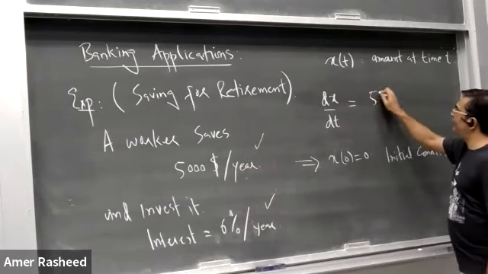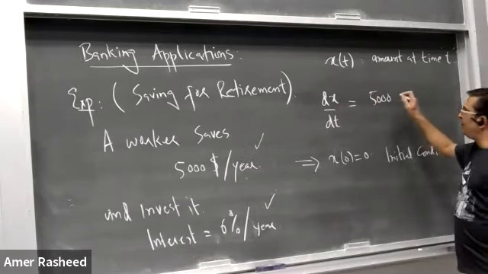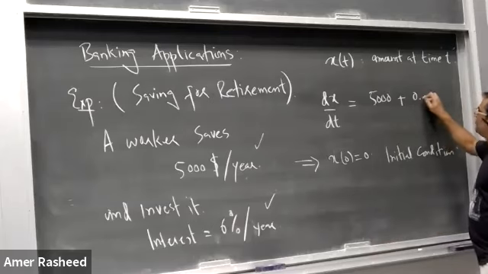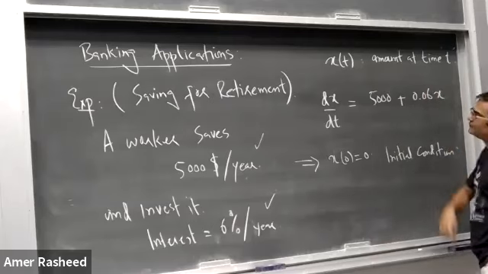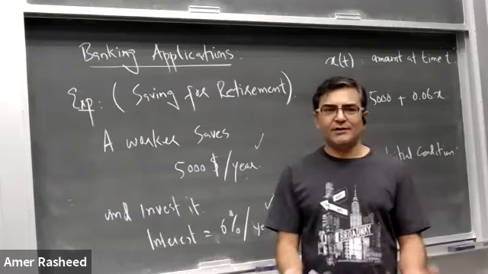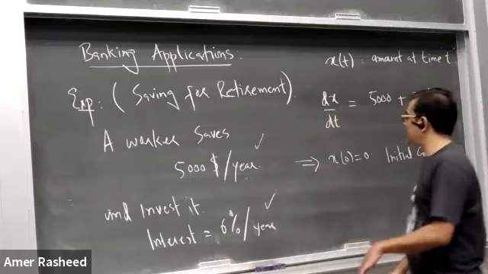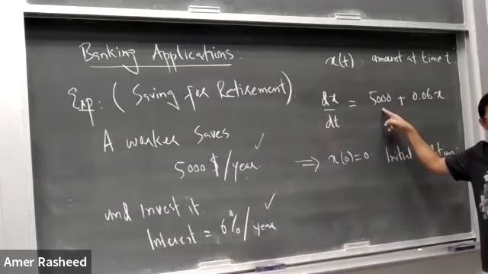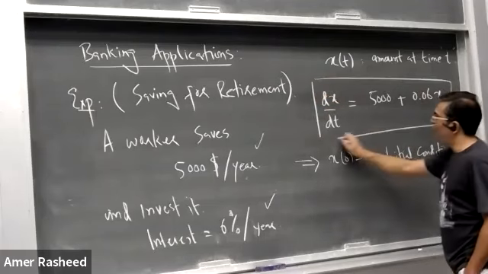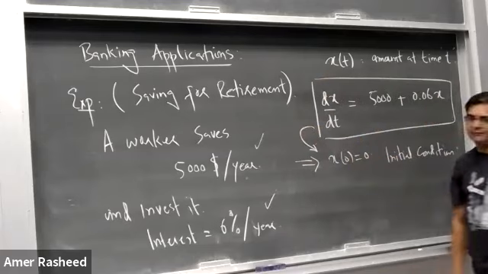What is this? It is 5,000 plus 6% of the amount, which is 0.06x, where x is the current amount. Every year it changes at 6%, and it adds 5,000 every year. So this will be your equation along with this initial condition.